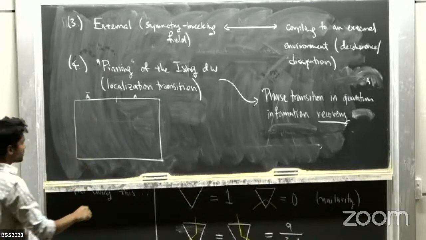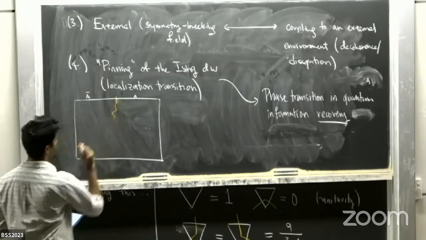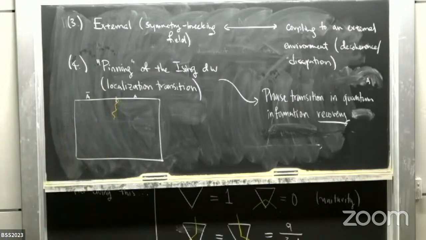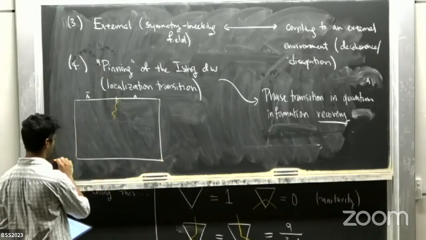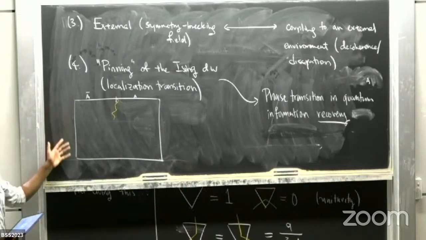There was an entanglement domain wall that was nucleated at the interface. And if I think of this as a subregion of a much larger quantum many-body system, then it's like I have dissipation at the boundaries, right?